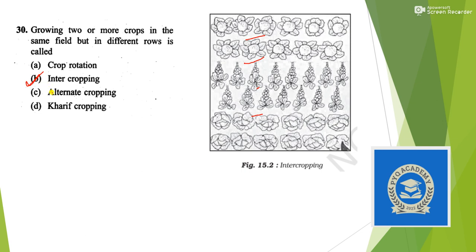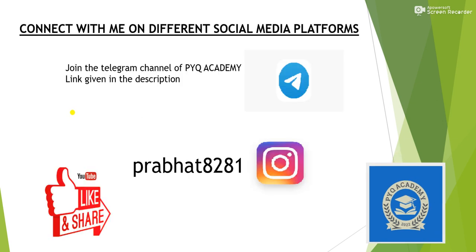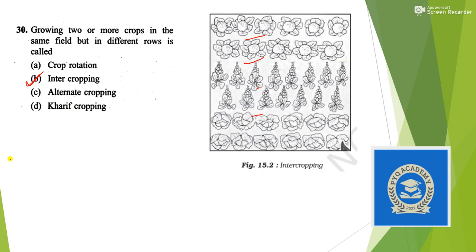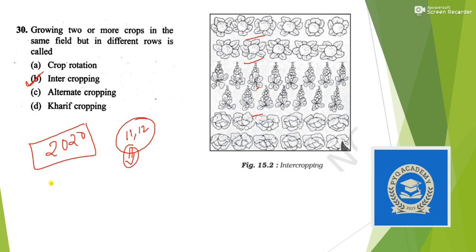Okay. So today we are over with the solutions of the science portion of CAPF 2020, and you must have seen that various questions were from 11th and 12th, but no need to worry. It is not very sure whether next year they will pick questions from 11 or 12 or not, but it is sure that at least they will ask from 9 or 10.